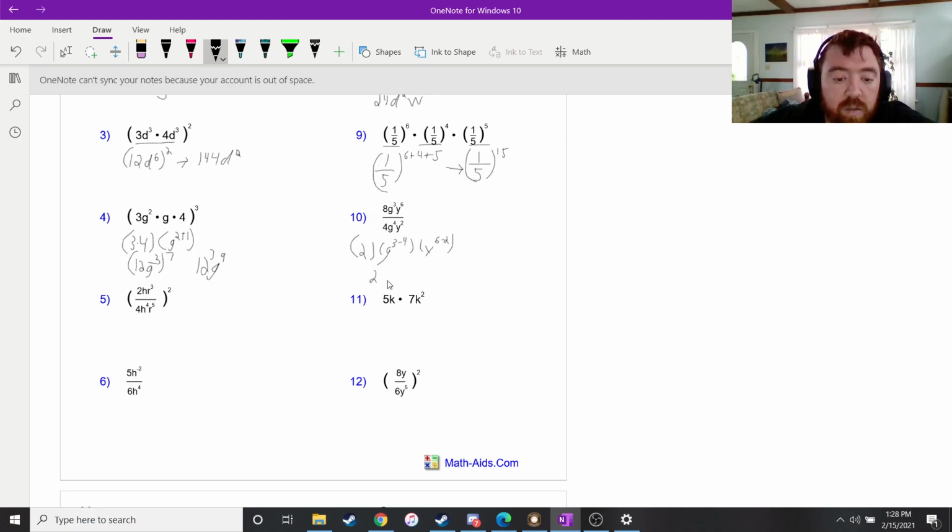So that's 2g to the -1, y to the 4th, which we would rewrite to be 2y to the 4th over g.